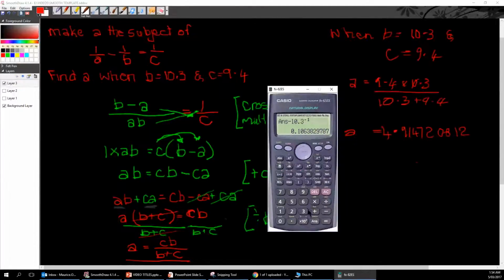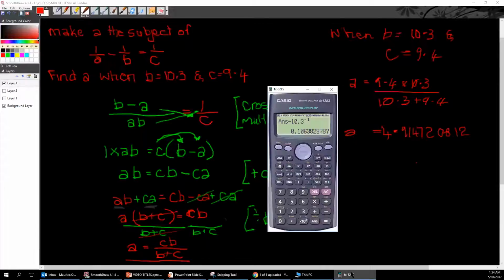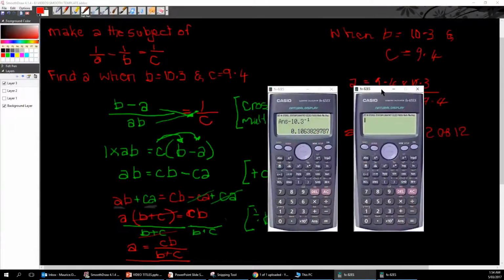And then just keep a note of that. And then I'm going to go 9.4, x to the negative 1 equals 0.1063829.